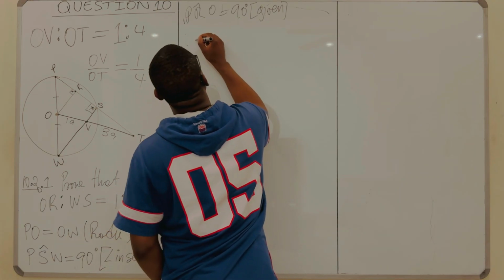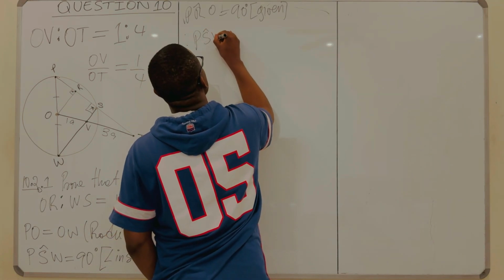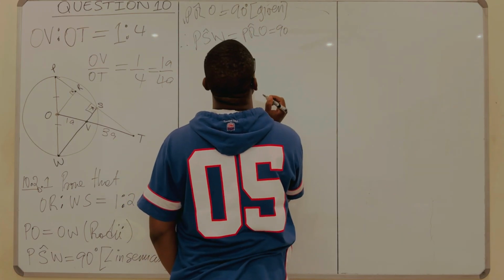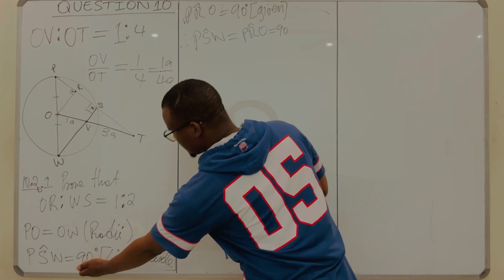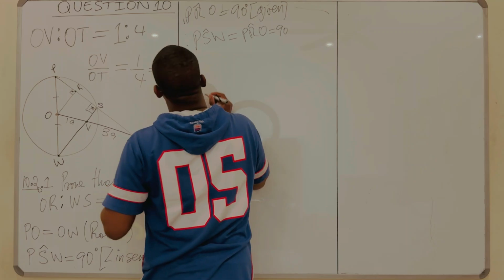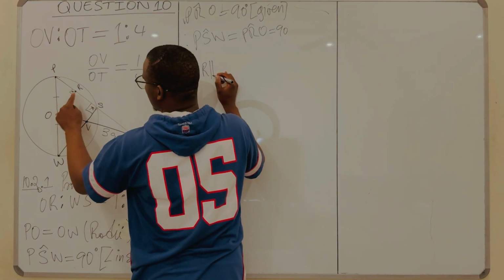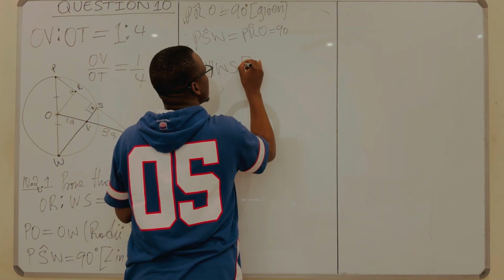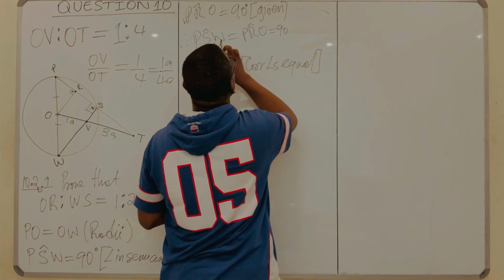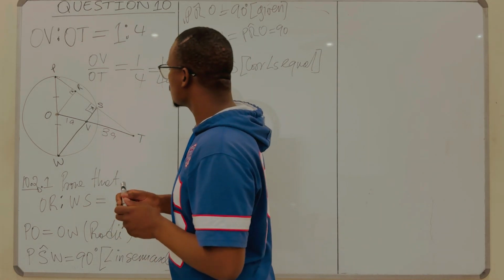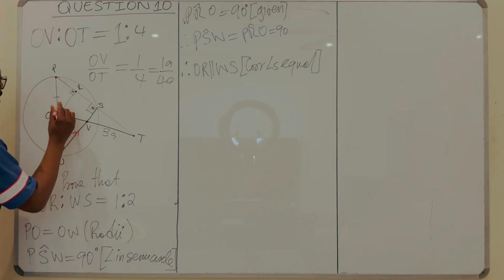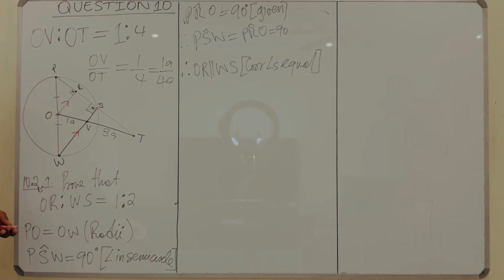Therefore, your PSW is equal to your PRO, which is 90 degrees, because this is 90 and this is 90, therefore these two are equal. So you can conclude that OR is parallel to WS. Why? Because the corresponding angles are equal. You have these two corresponding angles that are both equal to 90 degrees, so your WS and your OR are parallel, which means they have the same orientation.